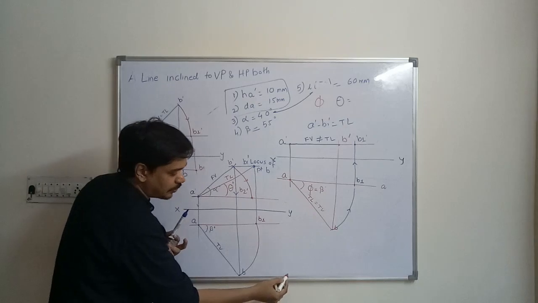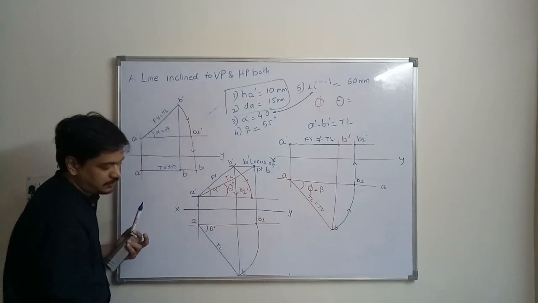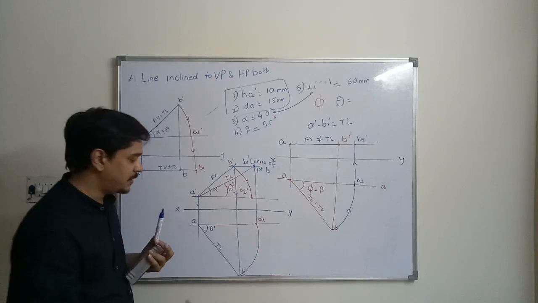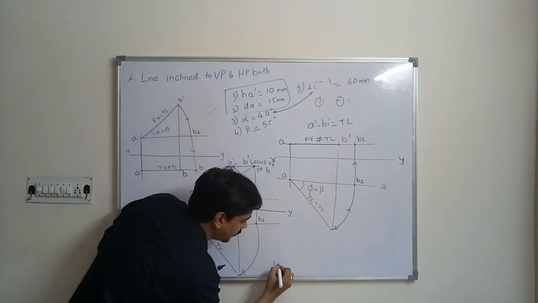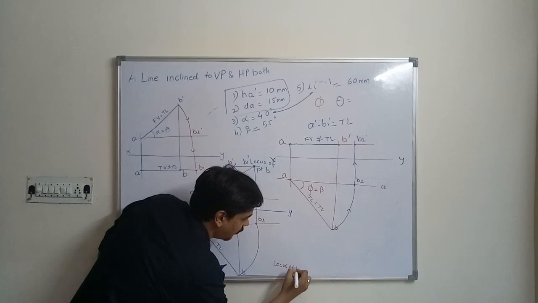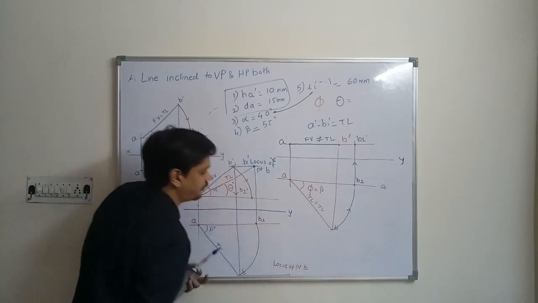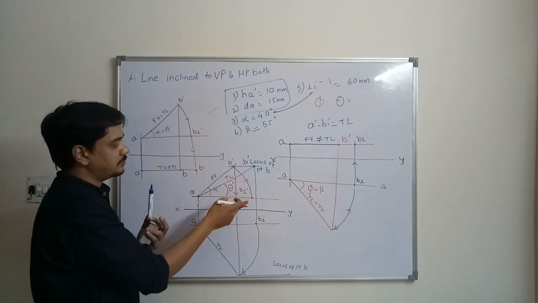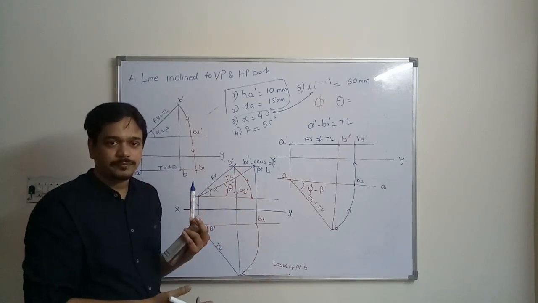So for that you have to draw a horizontal line from point B, indicating the locus of point B. So this is termed as the locus of point B. That is the movement of point B if you rotate point B in front view.